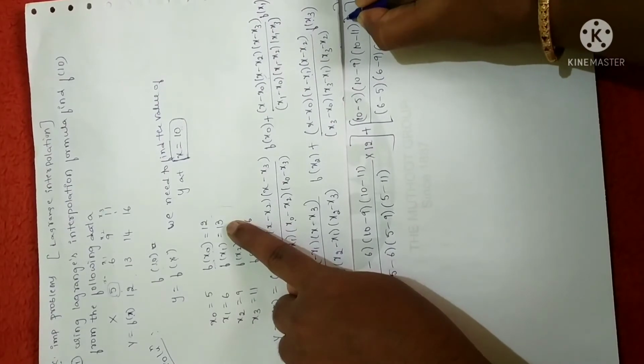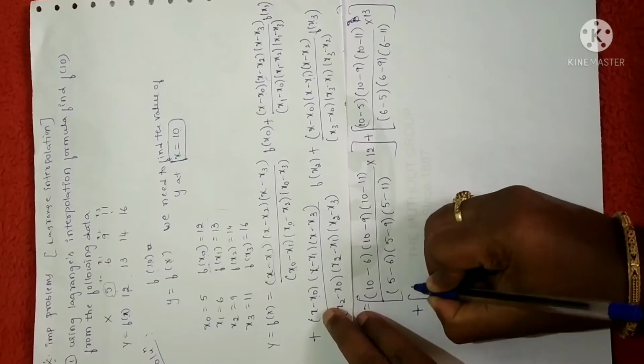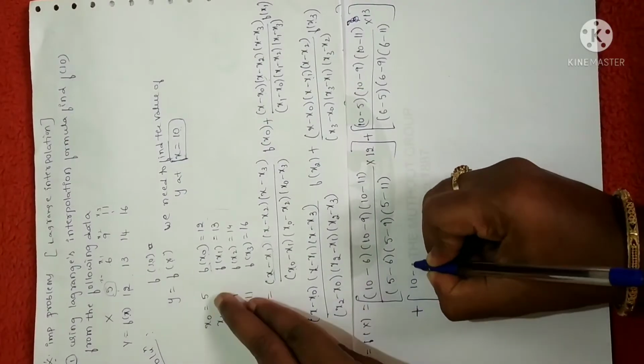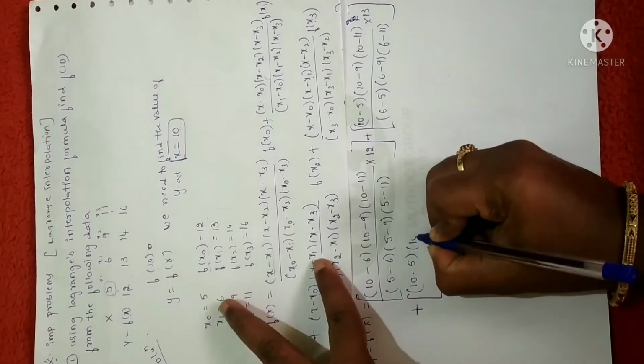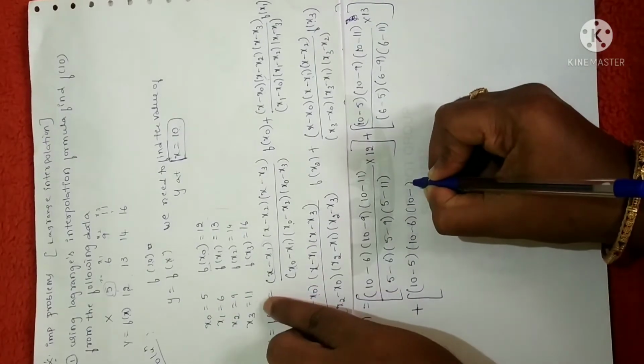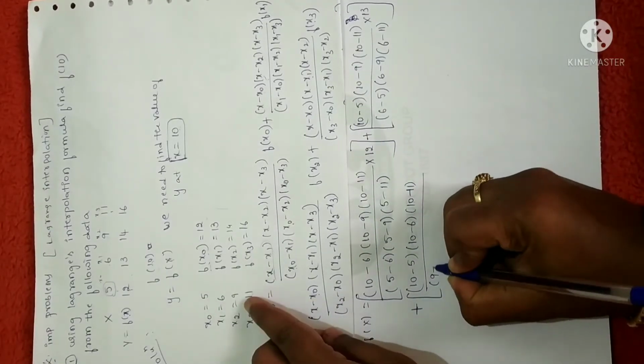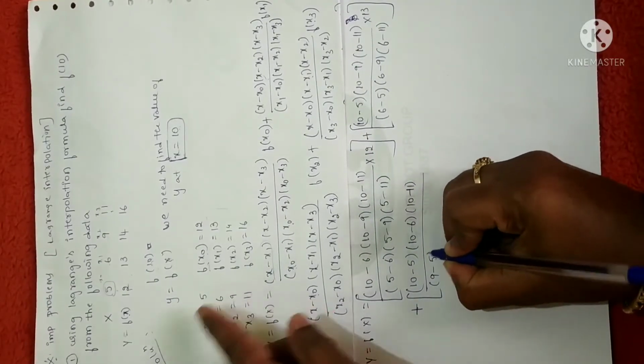Fine. Just the substitution. Plus, next third term, x is 10 minus x0 is 5, into 10 minus x1 is 6, 10 minus x3 is 11, divided by, next x2 is 9 minus x0 is 5, right?